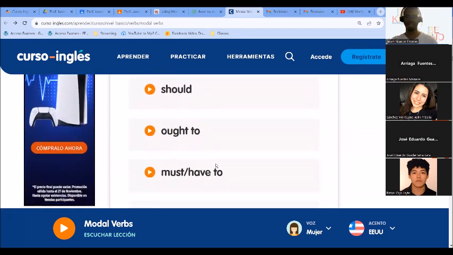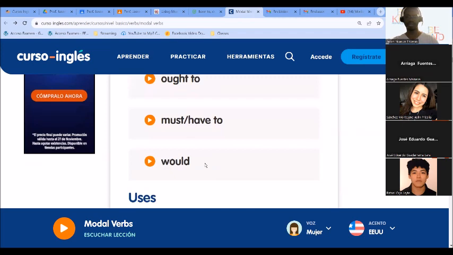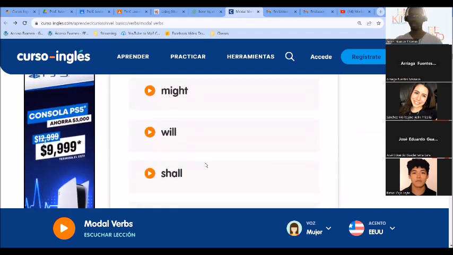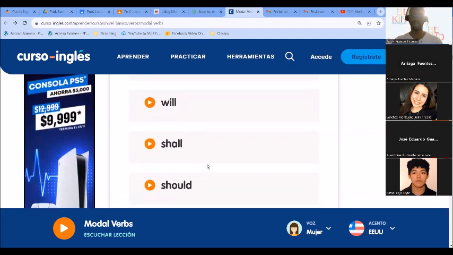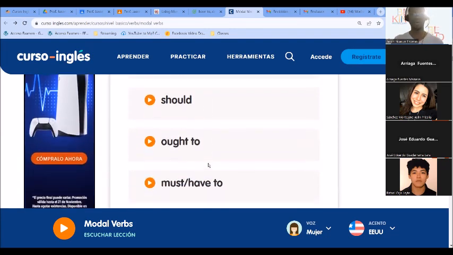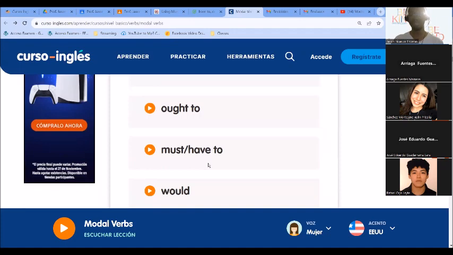Will usually appears with would in terms of present and past, but in terms of use, they're a little bit different. Shall and should, present and past. Also, like will and would, not necessarily always the same meaning, but you can consider them past and present. And we also have ought to and must.